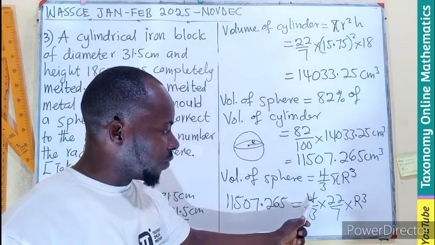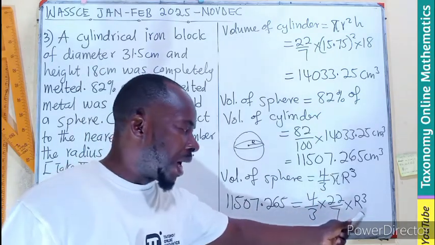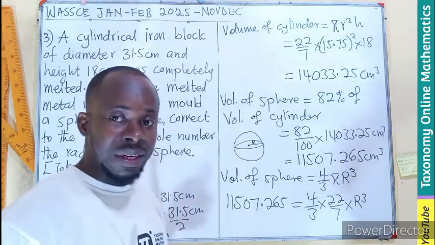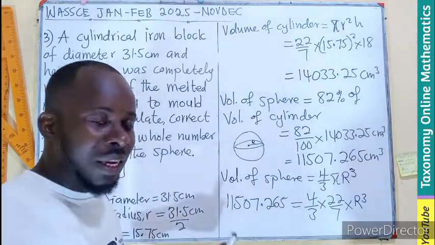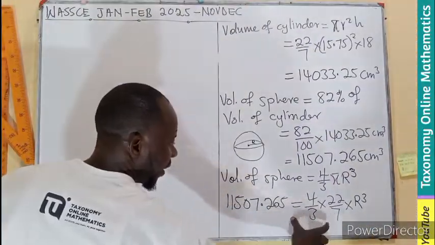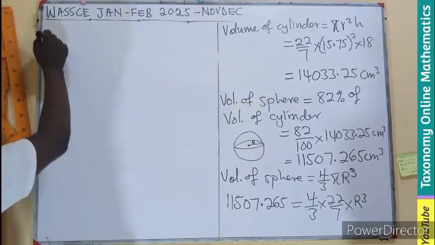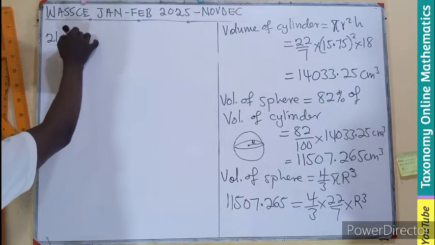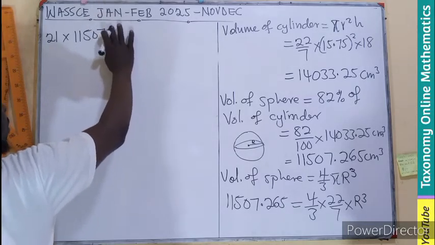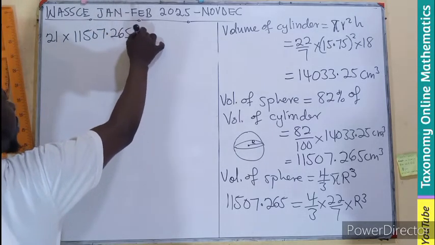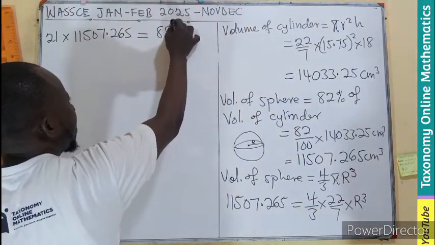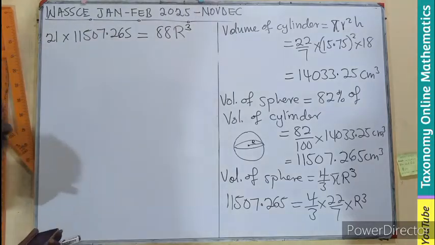Now, what do we need here? We need to multiply 4 by 22 by the R to the power 3, then 3 times 7, which we will cross multiply, then we can see what will happen. Right here, we know that this is multiplying this. So we have 21 multiplying 11507.265 equals 4 times 22, which is 88, times R to the power 3.